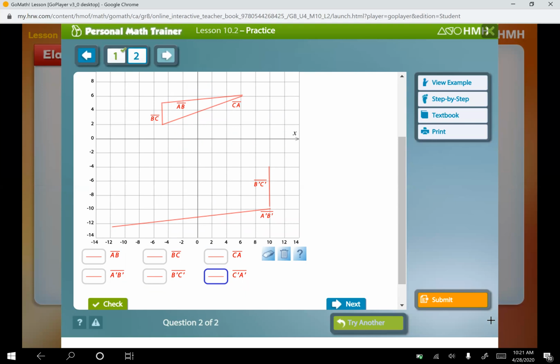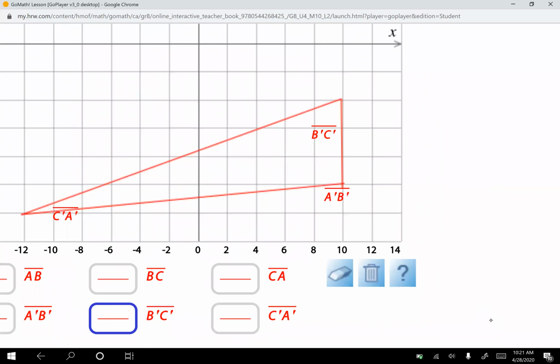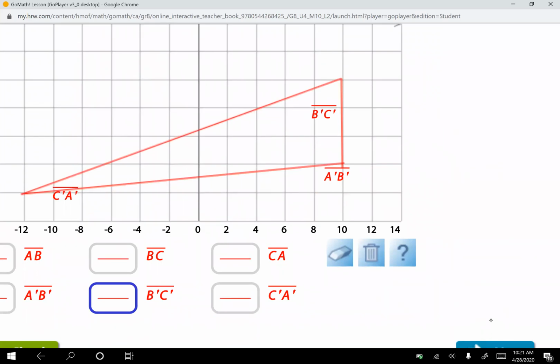Okay, and then I'm just going to fix it a little bit. It's kind of picky. The important thing is that you know what they're doing so that when it comes down to the test, you'll be able to get it right. Okay, now I can zoom in and do a little bit of fixing.